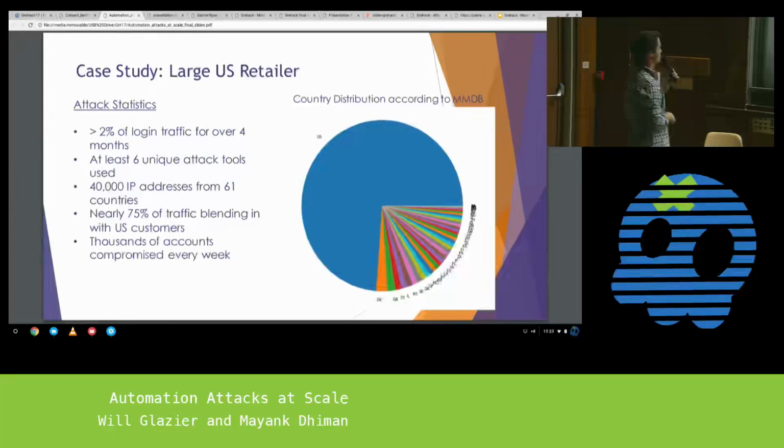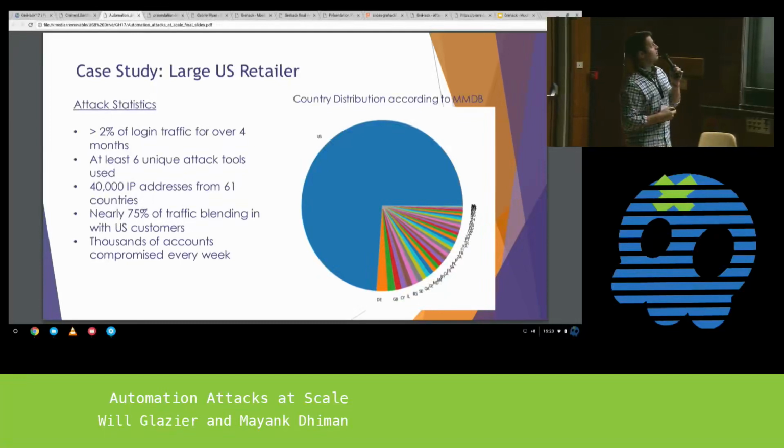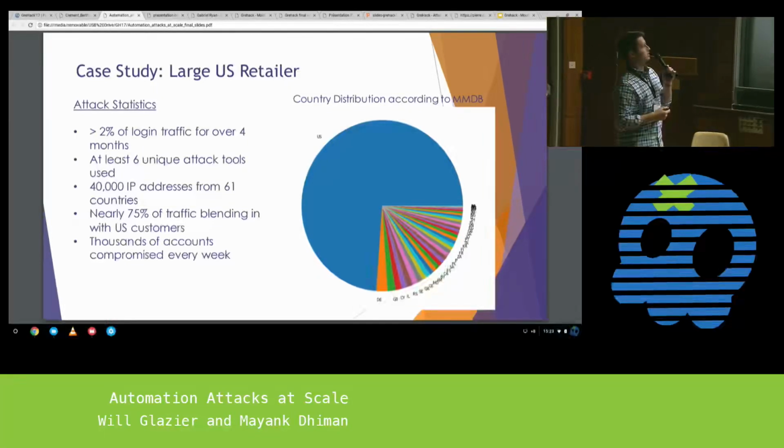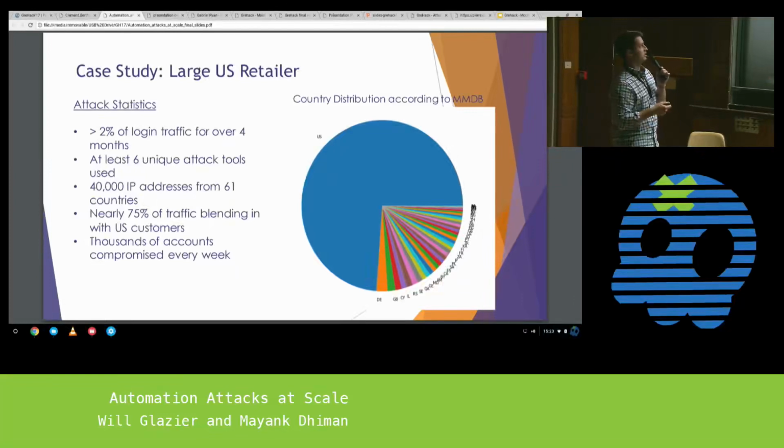So the case study of this artificially geo-distributed proxy farm was at a large U.S. retailer. And what we saw is greater than 2% of their login traffic for a period of more than 4 months was coming from these networks. They used at least 6 different attack tools, Sentry MBA being one of them. 40,000 IP addresses from 61 different countries.